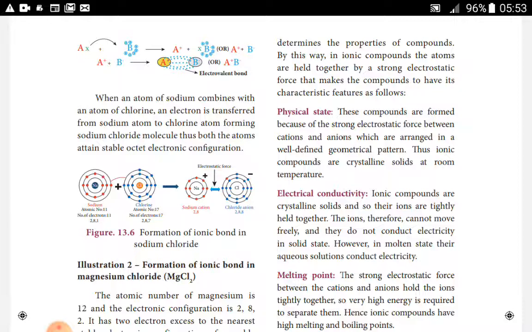So sodium donates 1 electron to the chlorine atom. By transferring 1 electron, sodium is going to attain the stable octet structure of 2, 8. By gaining 1 electron from the sodium atom, chlorine also is going to attain the octet structure of 2, 8, 8. And here sodium is going to be a positively charged cation, chlorine is going to be a negatively charged anion.